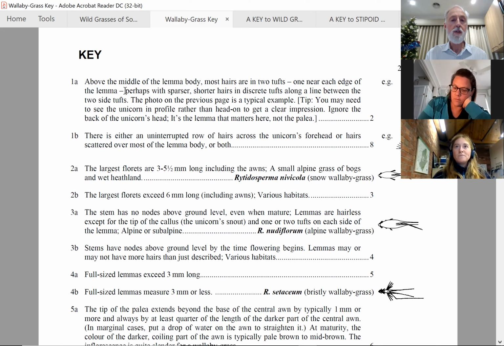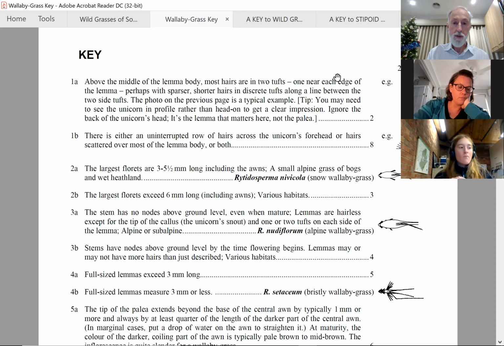So we've got a description of the grass in 1A and a description in 1B, and our specimen should be a perfect match for one and only one of those. If it's 1A, then we'd go to couplet 2, otherwise we'd go to couplet 8, and you work through these dichotomies or couplets until ultimately you get to a point like 2A here that, instead of going to another couplet, gives you Mutadisperma nivicola in that case.